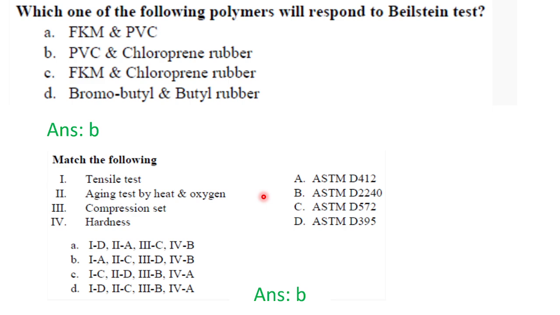And also after final batch, when you are doing the testing at the compound level, there must be some saturation time. Until and unless you provide saturation time, your property will be different. So it's not only the composition or the formulation, you must follow some standard methods before doing the testing.